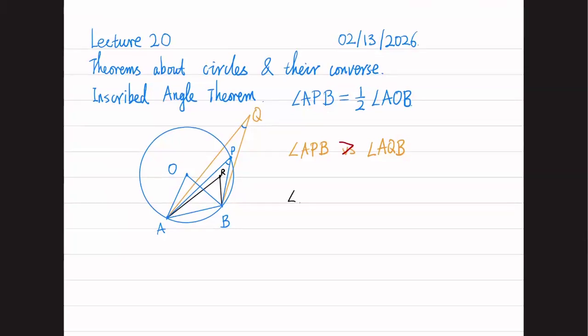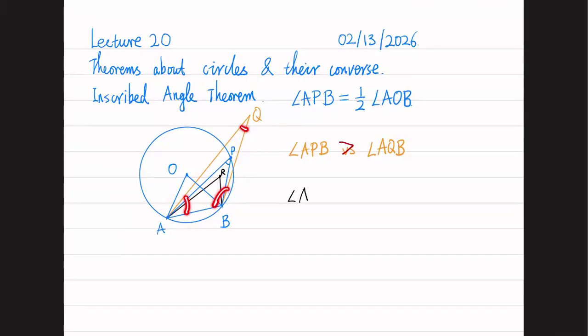You said greater? Uh-huh. So this angle is greater than this one. Why, Aaron? Because there's a gap between P and Q. Not only that, more precisely, because if we add this angle, this angle, this angle, what do we get?